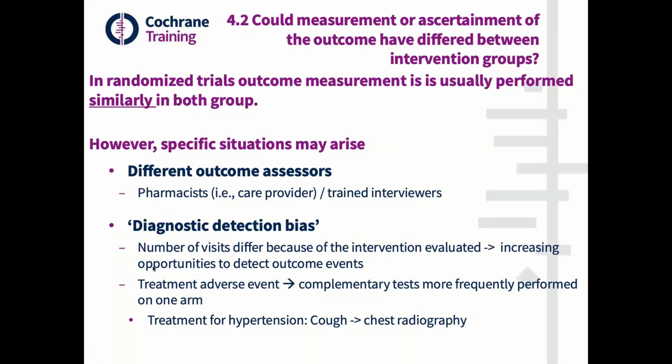The second question is, could measurement or ascertainment of the outcome have differed between intervention groups? Usually in most randomized controlled trials, outcome assessment is really standardized. I mean, everybody has the same time point. The organization is very straightforward to make sure that outcome measurement will be similar between the different groups.